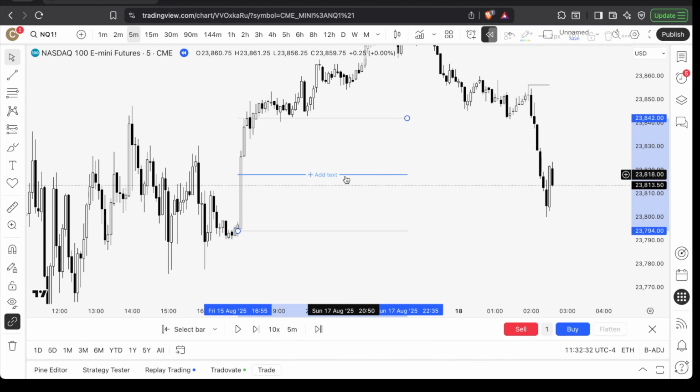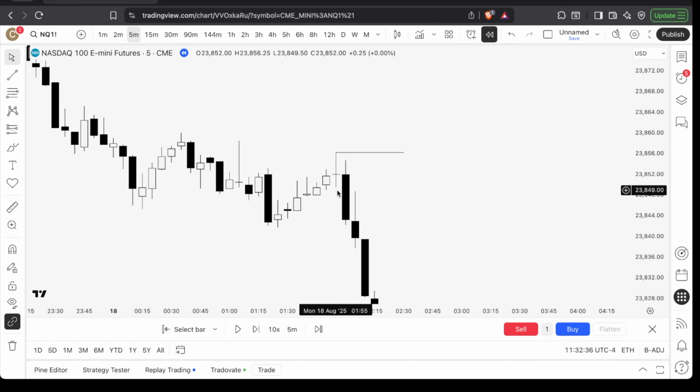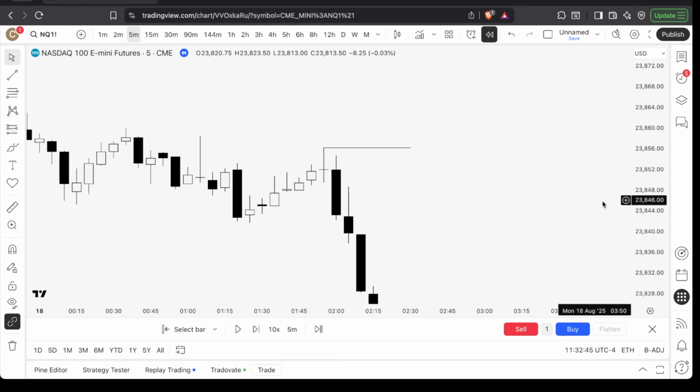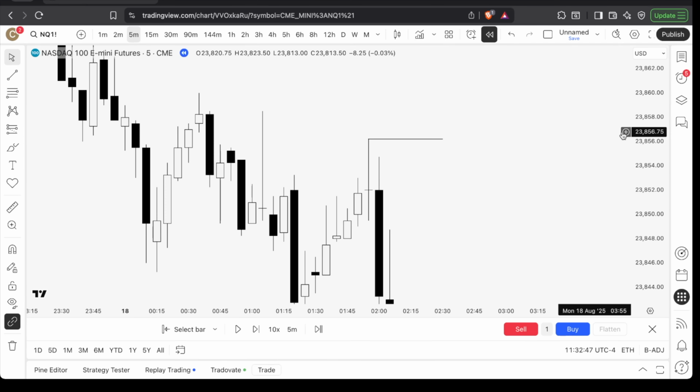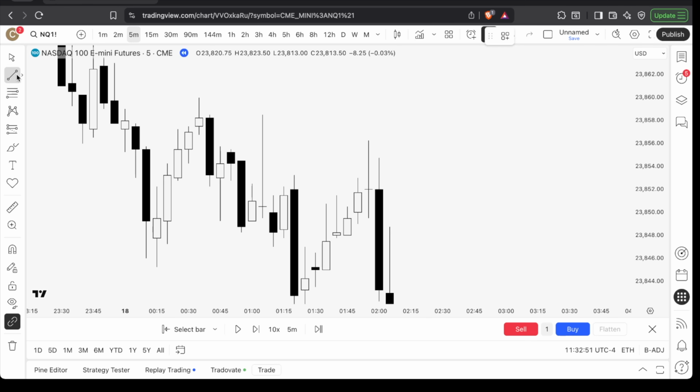But as you can see on 1:55, what did it do? Create a higher high. 2 a.m. failed to do so. And if we are adding other confluences, you can see that it failed.